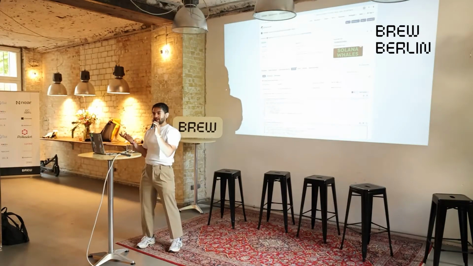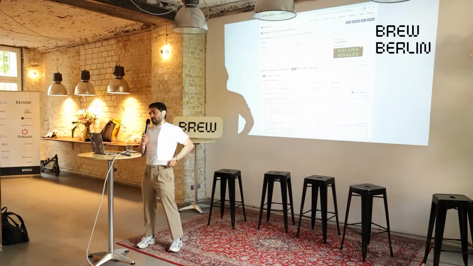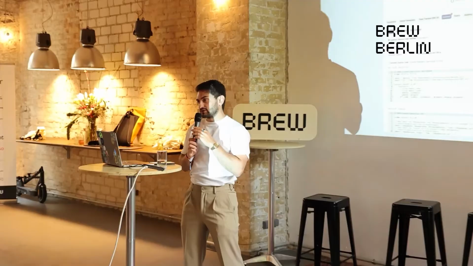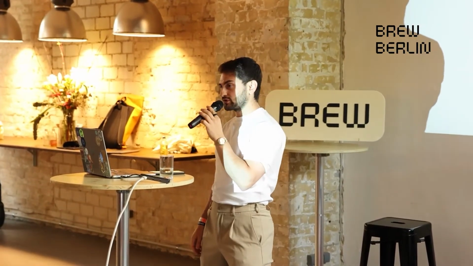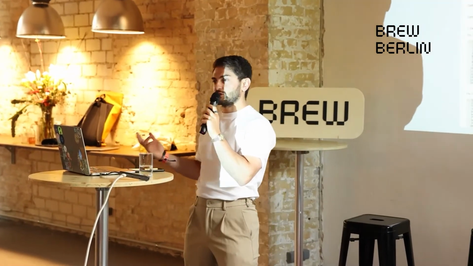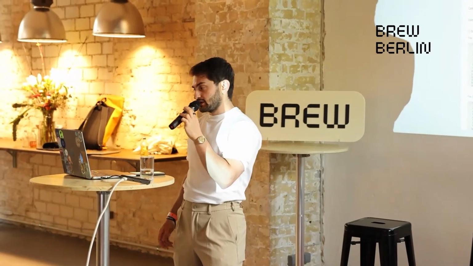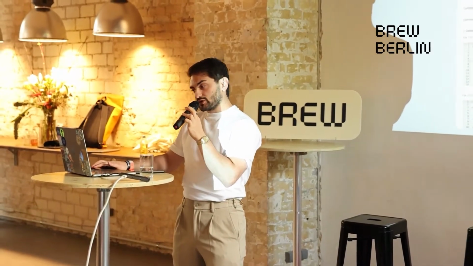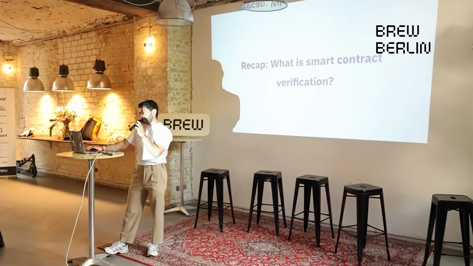Not that Etherscan isn't bringing a lot of value to the ecosystem, but as we all know, they are a private company, they own all the data, you need to use their API, pay for their API. And I would say this does not really align with the ethos of Ethereum and all the blockchain space. And what we want to do is to change this, at least to push people in another direction.